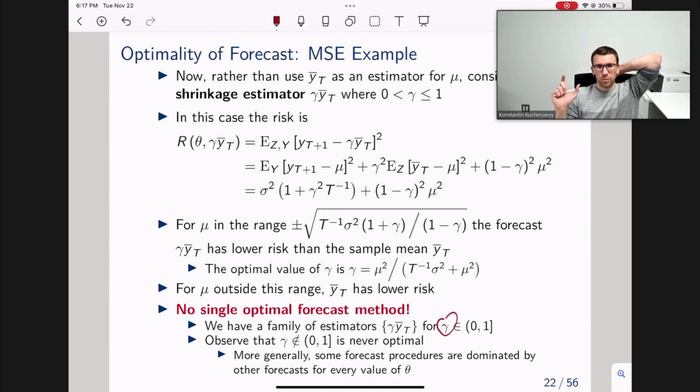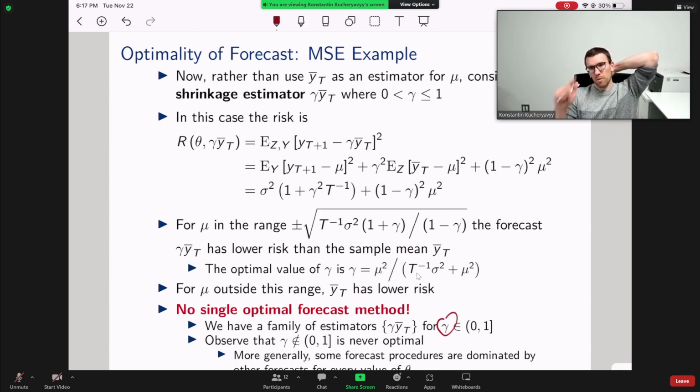We have to be careful when we are constructing the optimal forecast. We have to take into account that optimal forecast can involve estimates of some parameters that introduce errors into the risk, and that makes risk larger, and so we can do some manipulations to decrease the risk, and that would give us on average better forecast in terms of that objective. Okay.